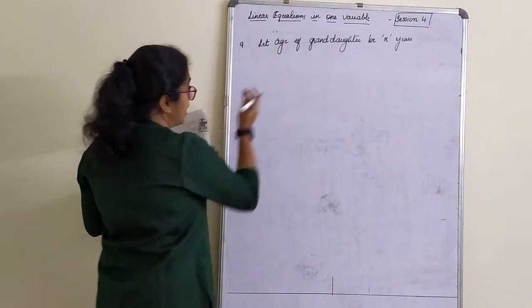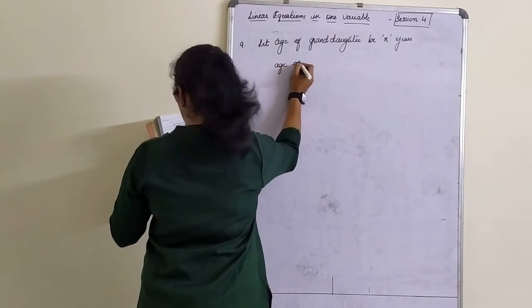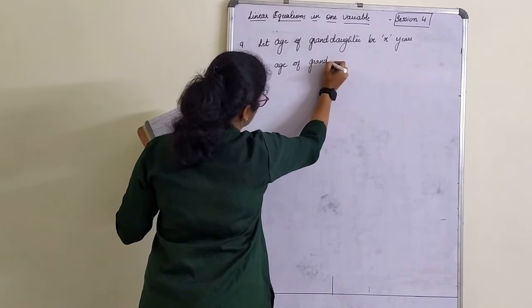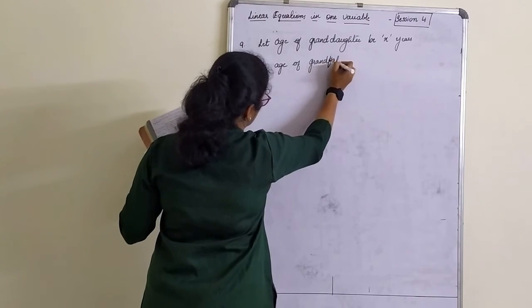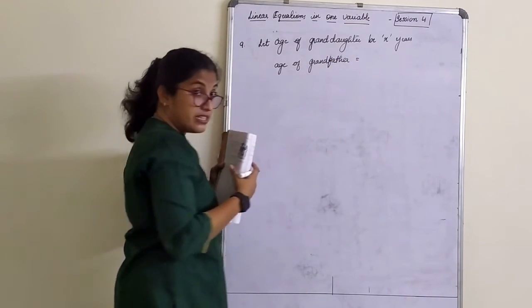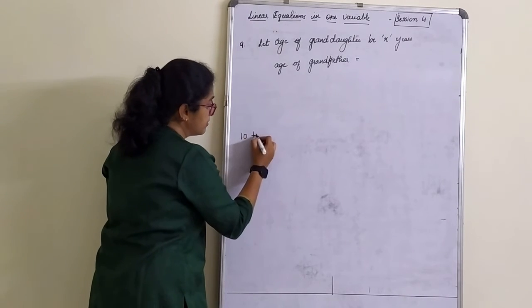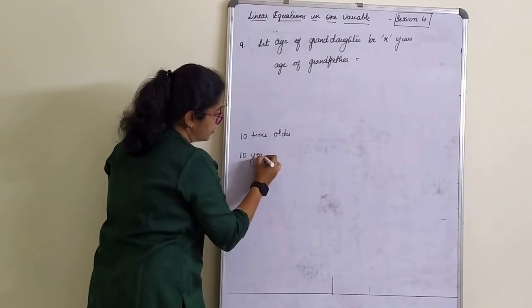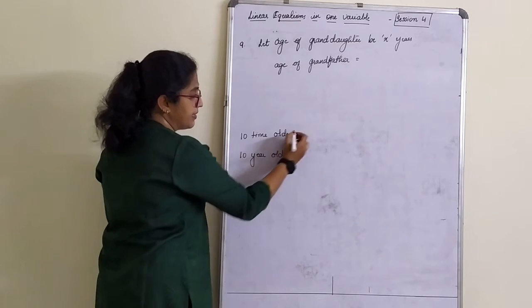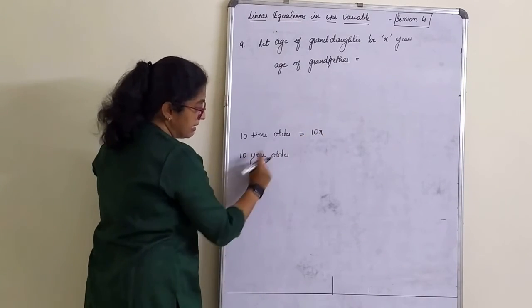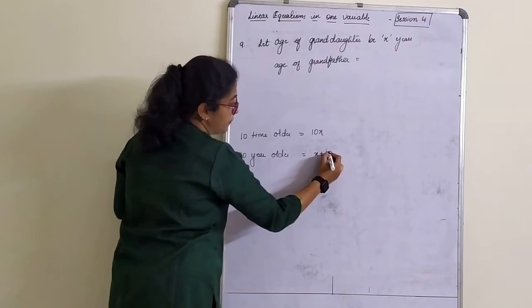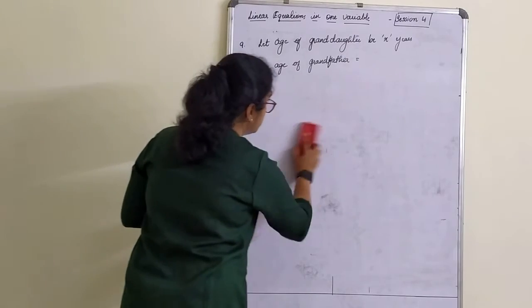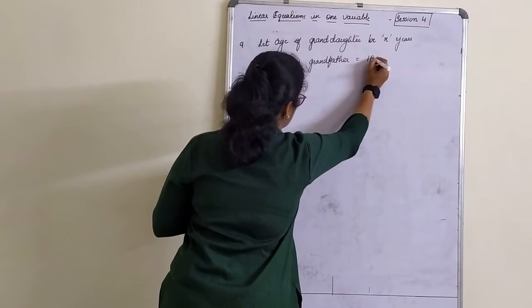Multiplied into age of grandfather. If it is given, see here children, 10 times older, 10 years older. How will I write 10 times older? 10x. 10 years older, I will write x plus 10. That is the difference what you should know here. So it is 10 times older, so it is 10x years.